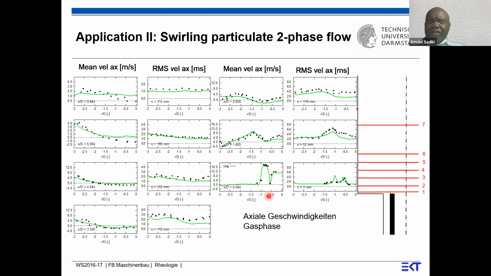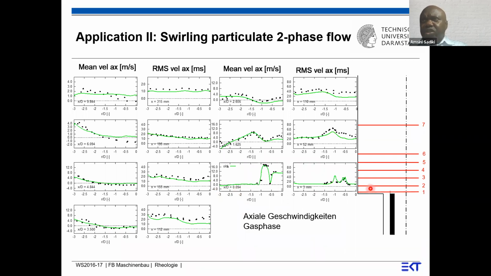So I get it, excuse me. We have these different axial positions, and the axial velocity is the same at the different axial positions.